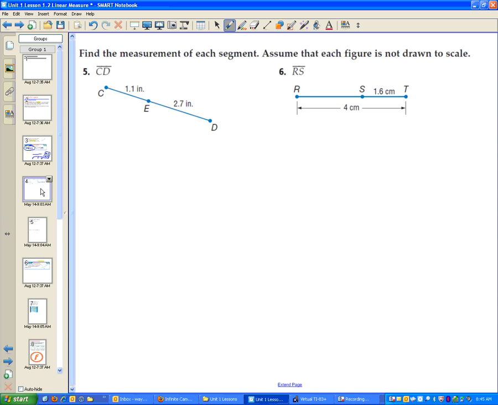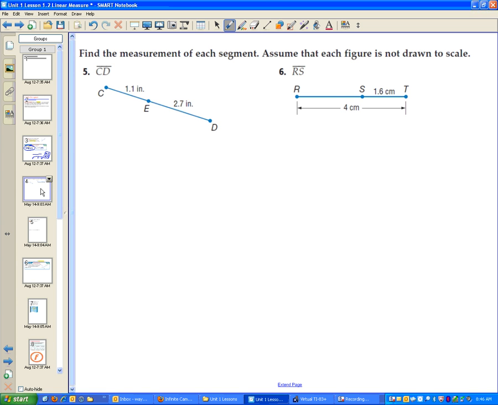All right, let's take a look at a few problems from your assignment. So flip on over to page 18. And the directions say, and do write these down, find the measurement of each segment.